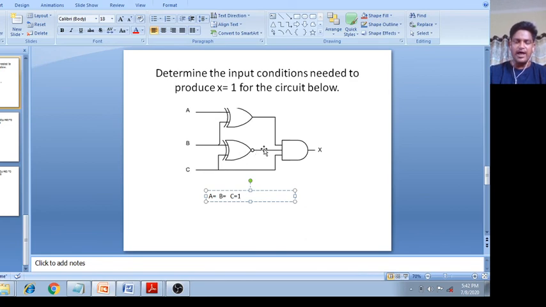So when the output of XNOR becomes high, if already one input is high, C is high, so the value of B will be 1 if both are same, and this is 1, and now again this must be high, so it must be 0. So in this way you can determine the values of A, B and C.